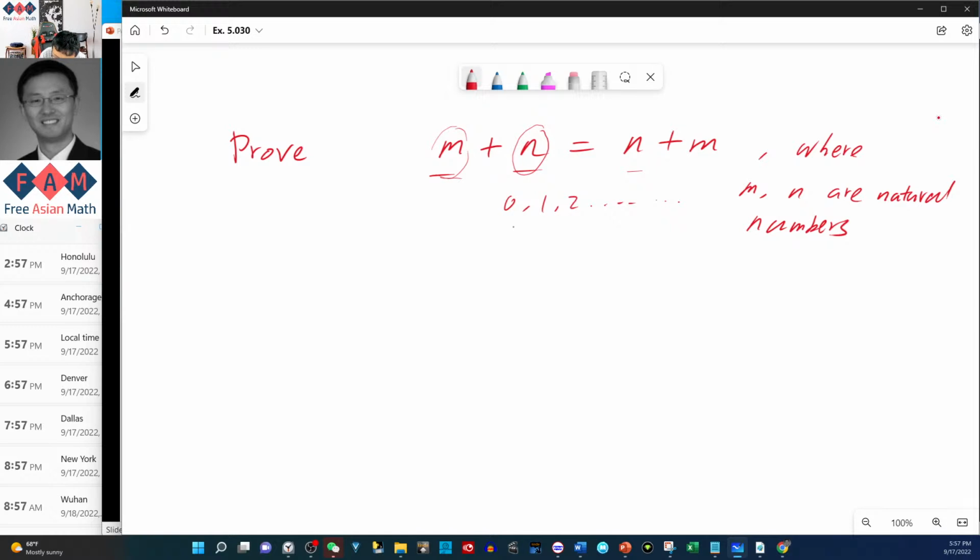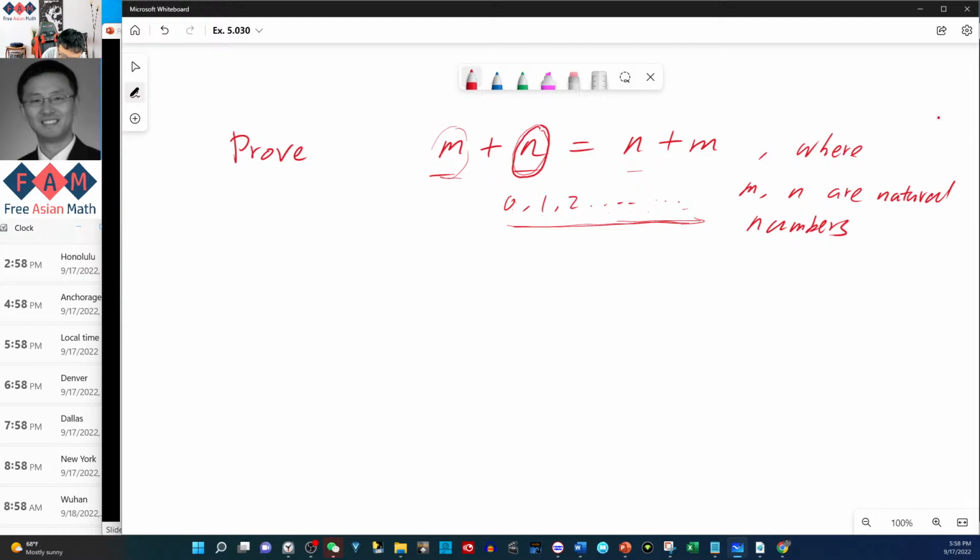So you can naturally see there's a structure here that involves n being 0, 1, 2, 3, any natural number. So we will perform this mathematical induction based on the second natural number n.